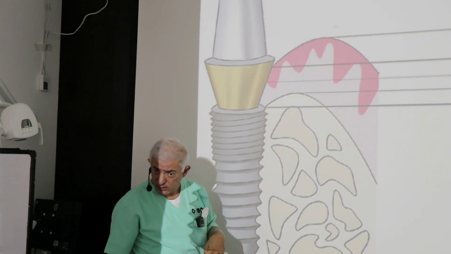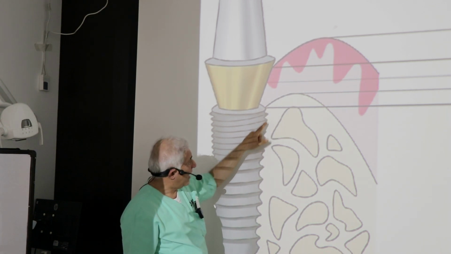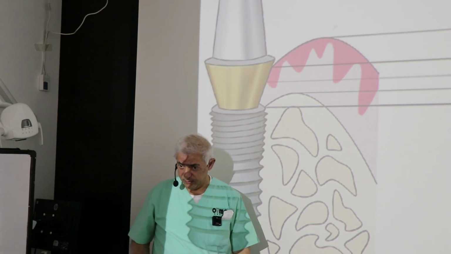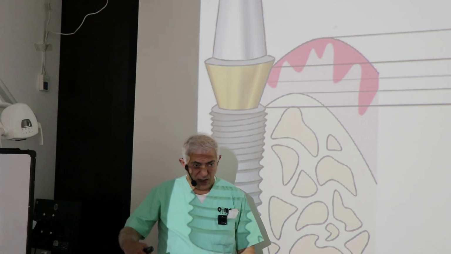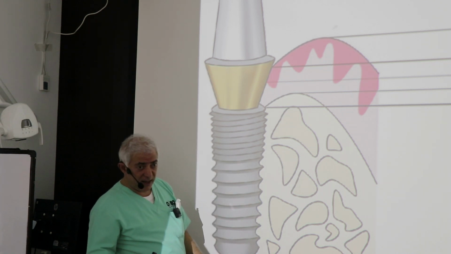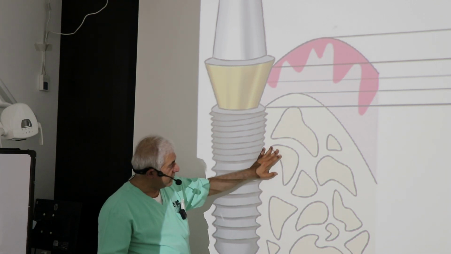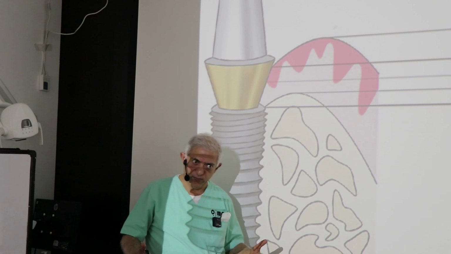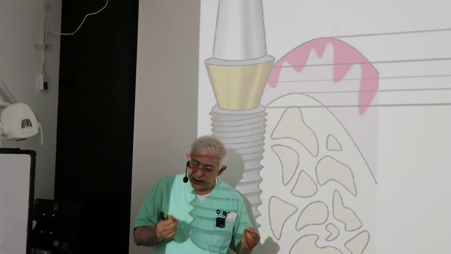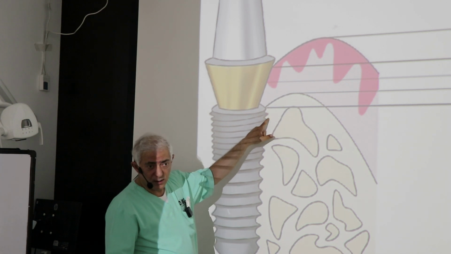If it is cortical and it is touching this implant tightly, and here is cancellous, and when you are putting the implant you have 45, 50, you're very happy, and this is very soft bone with your Hounsfield unit, you check, this is very soft, but you have 45, you have 55, 65. The reason you have a big number of torque is because of the cortical.